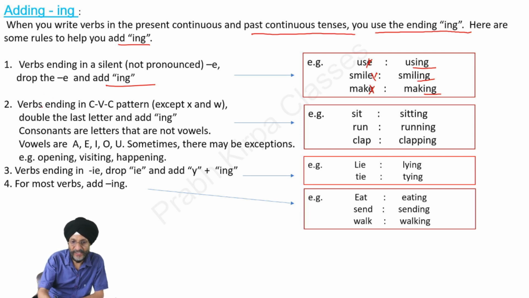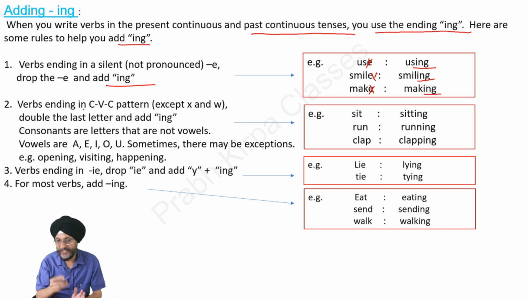Next comes the case of verbs which follow the CVC pattern. What is the CVC pattern? C means consonant, V means vowel, C means consonant. Vowel means A, E, I, O, U. All the other alphabets of English except vowels are known as consonants. In that case, we have to double the last letter.